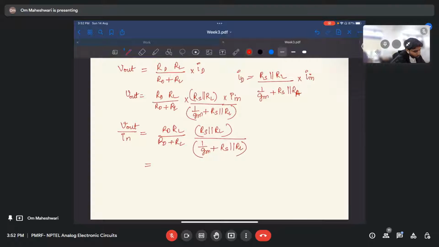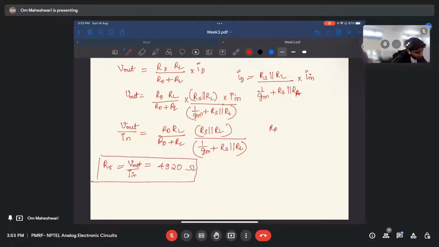you get it equal to 4920 ohms. That is our RT. This is the answer. We know every value.